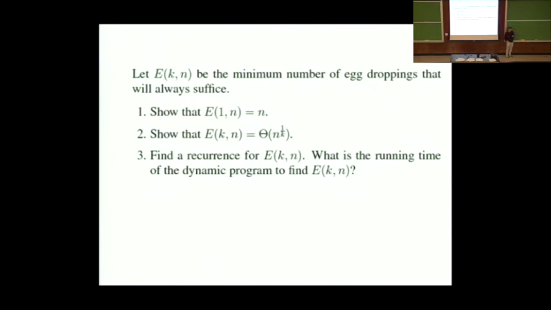Yes? Does this require me to know what the answer is beforehand? And the answer is no. And why is it? Notice that here I have a lot of eggs and a lot of floors. Here, I'm asking a question about a smaller number of eggs and a smaller number of floors.